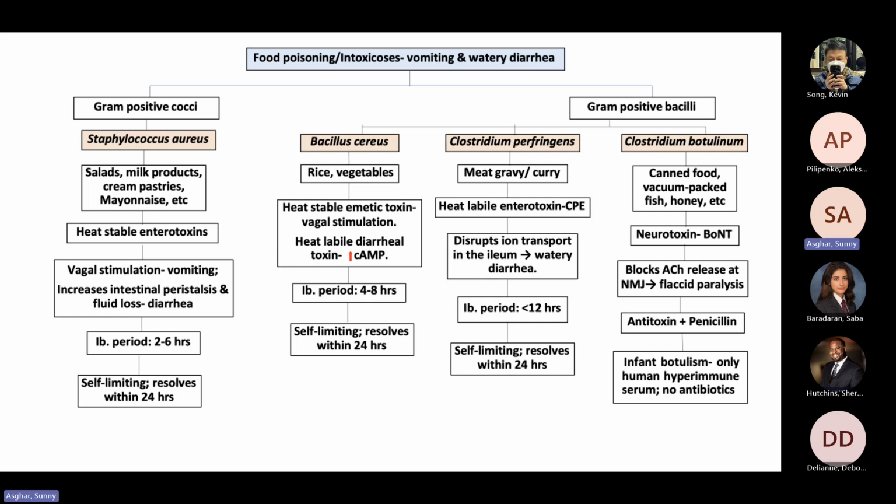So they can ingest Clostridium spores, which are found in the honey, and that can lead to infant botulism, and infant botulism can lead to infant death. So you have to be very careful not to give honey to little kids.